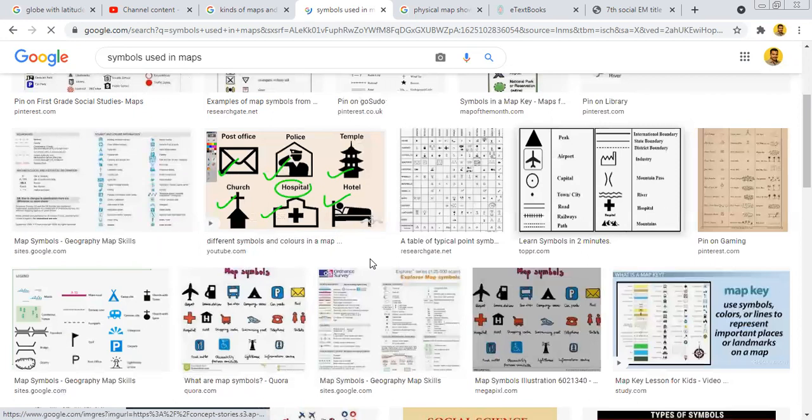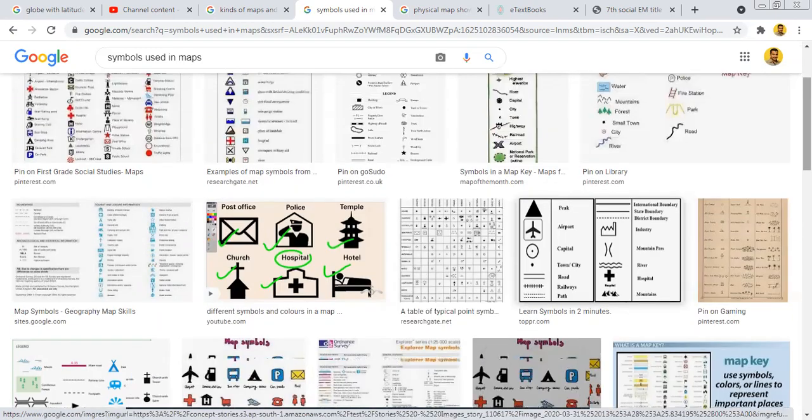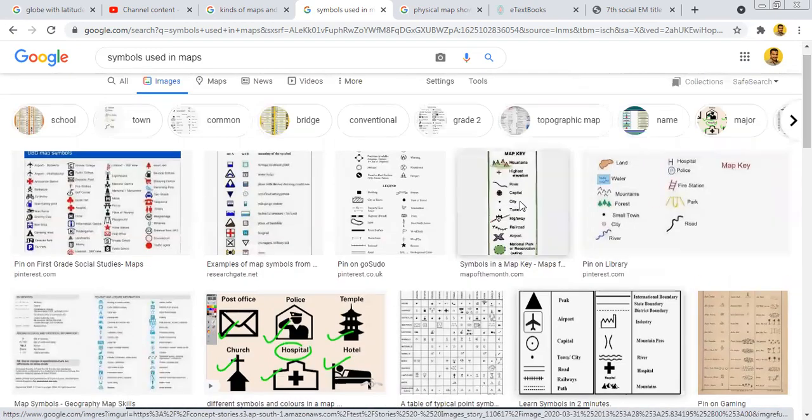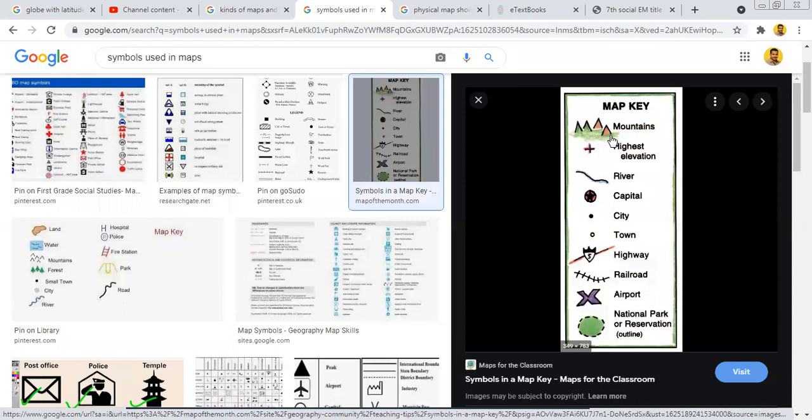So here, see the symbols. Different symbols are there for different purposes. For example, in the map key, mountains we show like this, a triangle shape, and height, the highest elevation. Rivers, we draw a line to show the rivers.